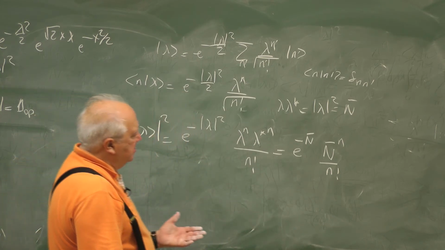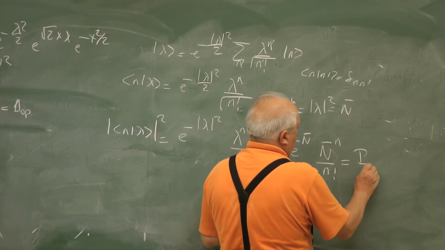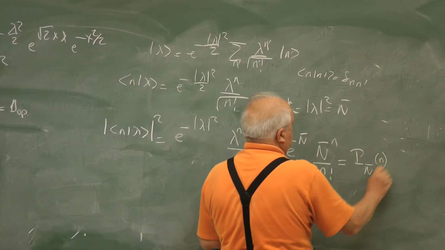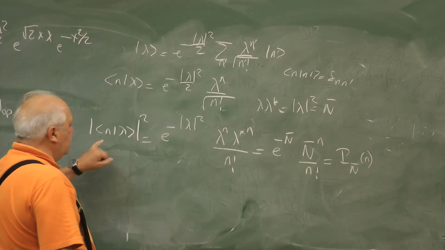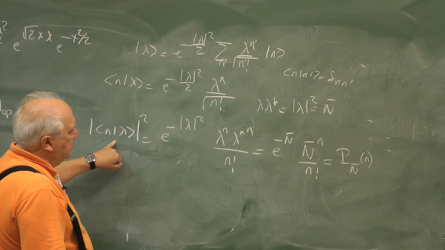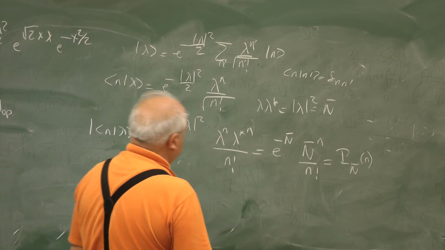But this is just the Poisson distribution P n bar n. So the probability of finding the state n in the wave packet lambda is given by the Poisson distribution.